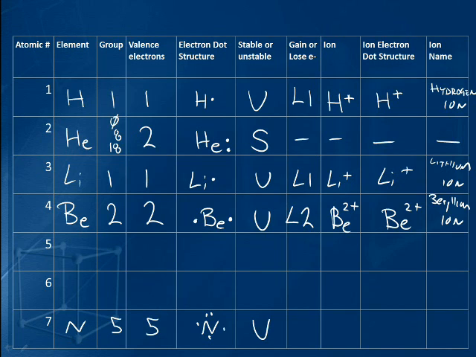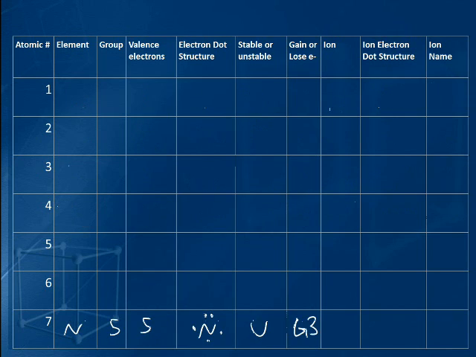Doesn't have 8, it's unstable. Will they lose or gain? Now, it's going to gain 3, N3 minus. And the 3 minus here.